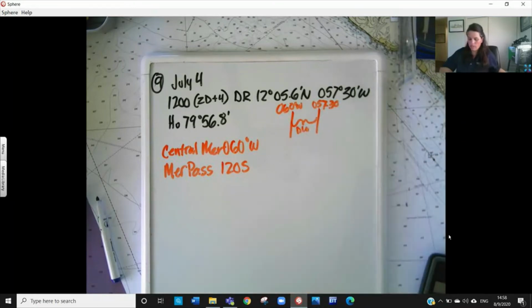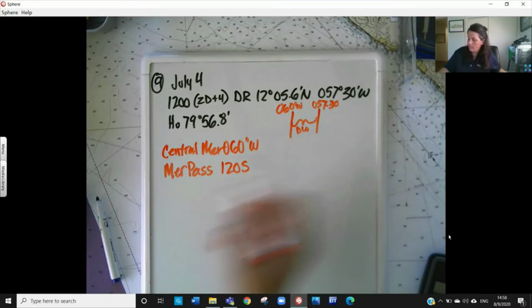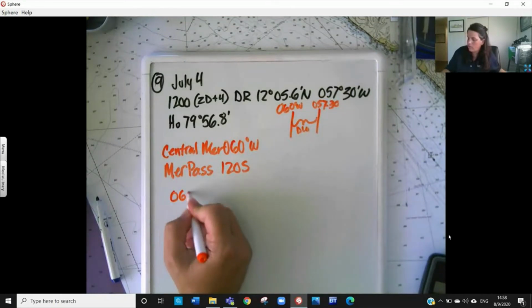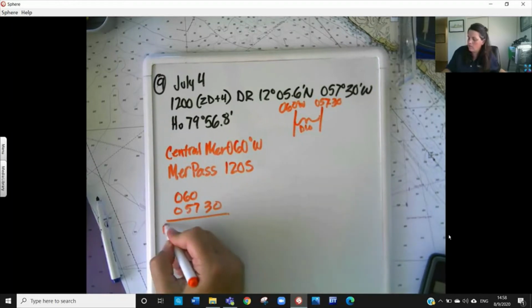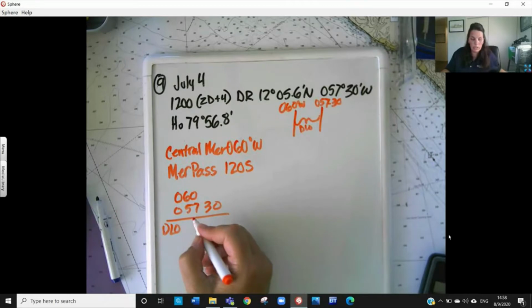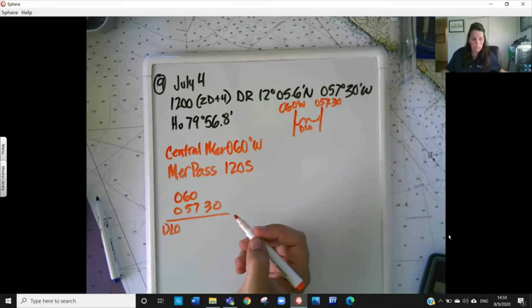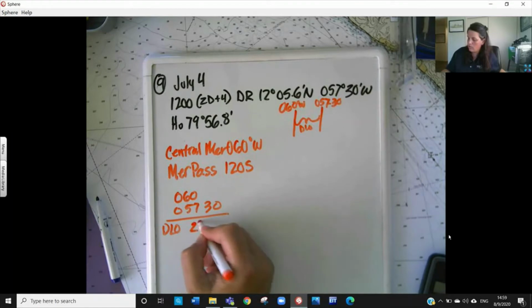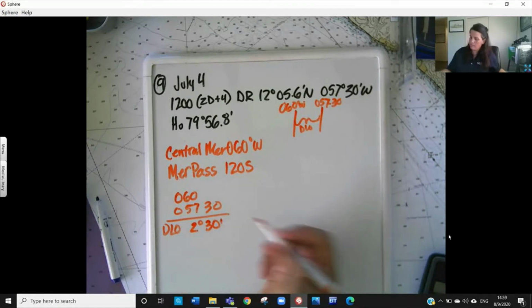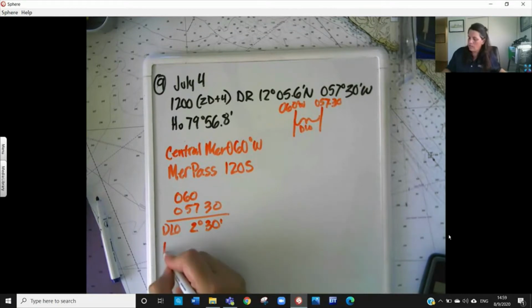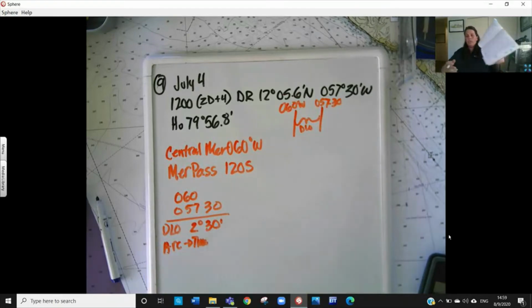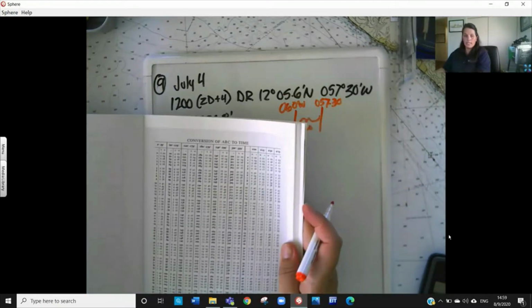What's our DLO? So we have our DLO of 2 degrees and 30 minutes. So we need to convert this arc to time. We use the arc to time scale.